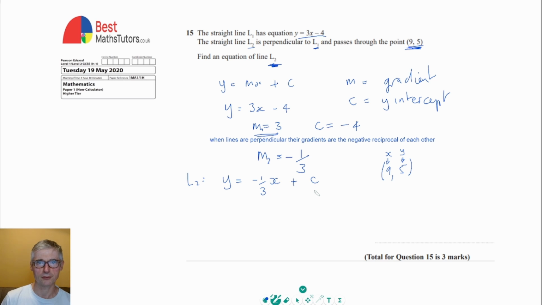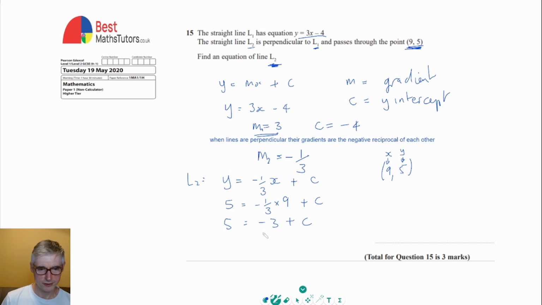I've got 5 equals minus 1/3 times 9, plus c. 1/3 of 9 is just 3, which works out nicely, but it's times minus as well, so it becomes minus 3 plus c.